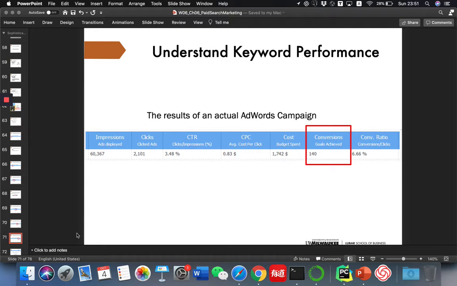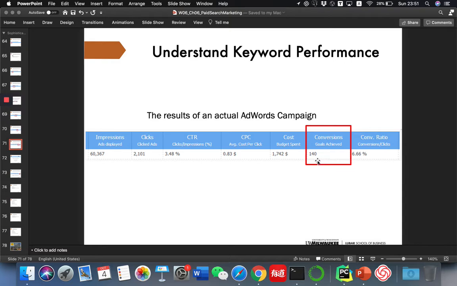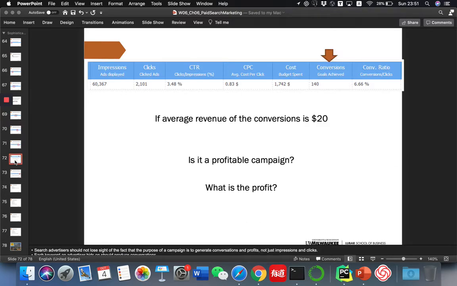And conversions, we get 140 conversions. If it's an e-commerce website, conversions basically means deals, right? So 140 deals. And how about the conversion rate?